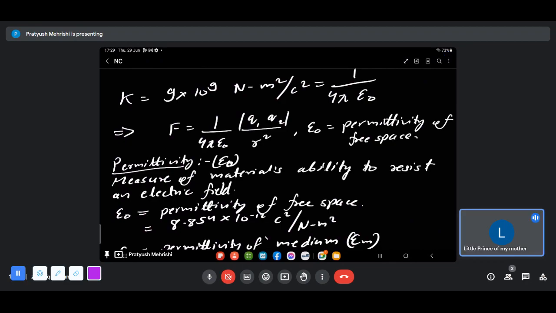Free space means air, we can say so? No, not air. Free space means total vacuum, outside the Earth's atmosphere. But whenever air is present, for air also we take the same epsilon naught unless otherwise mentioned, the same permittivity as that of vacuum.